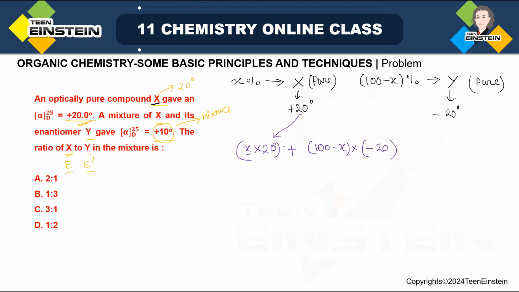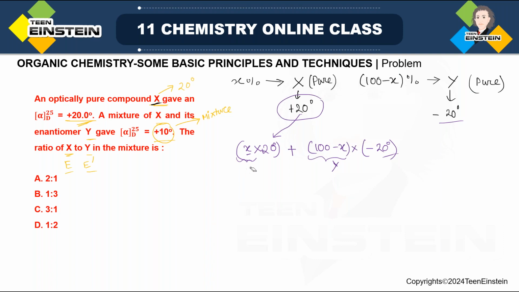So I'm putting here a degree so that you can understand what it actually means. Plus 20 degree is for pure X, and minus 20 degree is for Y. So this is the percentage of Y, this is the percentage of capital X, this is capital Y. Okay.